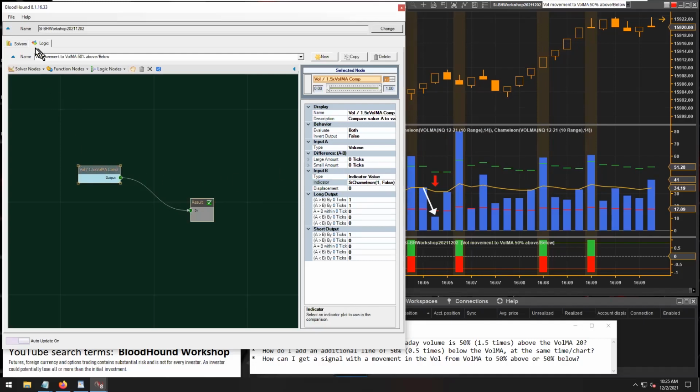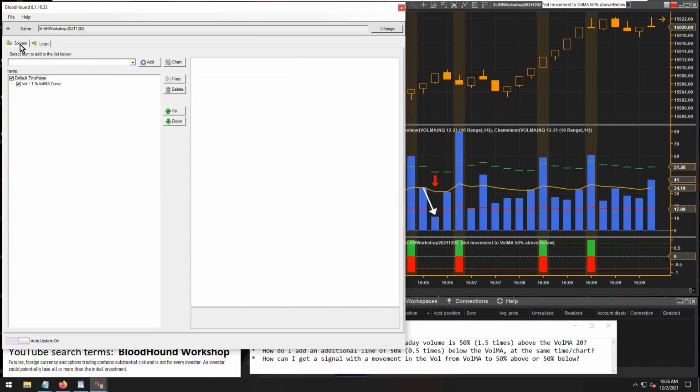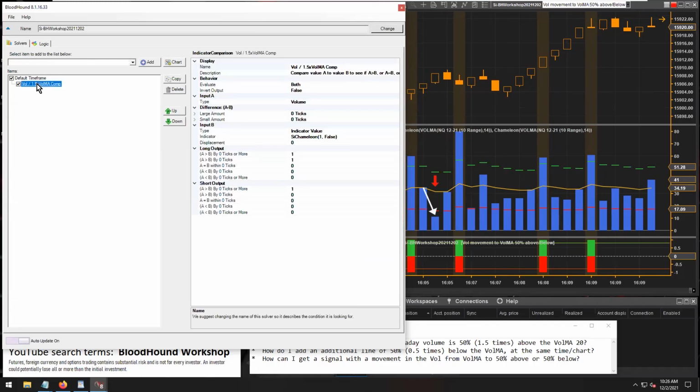So let's take a little shortcut, and we'll go to the Solvers tab. And so there's our comparison solver. We can make a copy of it, like so. And we'll adjust the name first. So now it's going to be 50% of the volume MA.